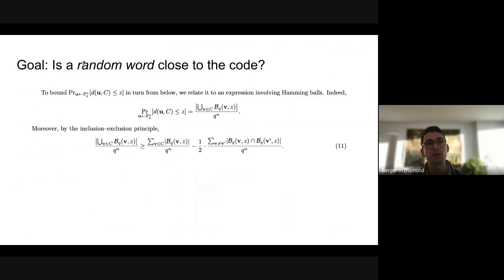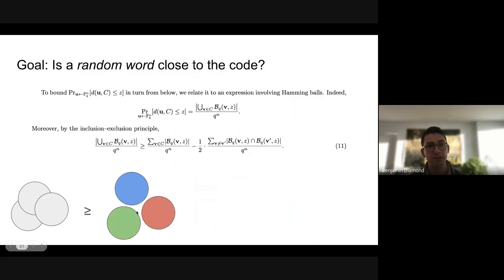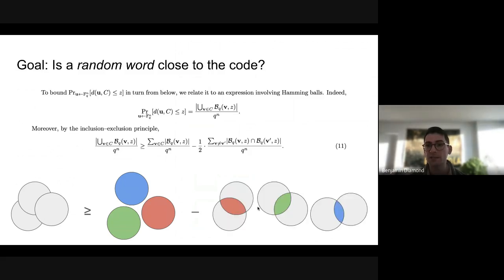So our goal again is a random word close to the code, meaning is it contained in the union of a bunch of balls of radius z, where z is prescribed. So the first step that we do is this inclusion-exclusion trick, right? If we're interested in the volume of a union, we can lower bound that volume by taking the brute sum, ignoring overlaps, and subtracting these pairwise intersections.